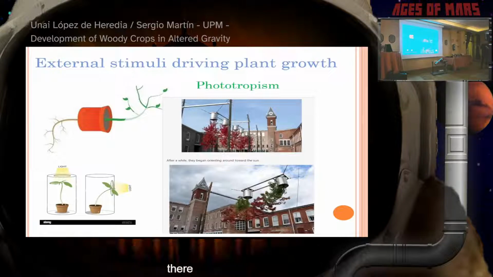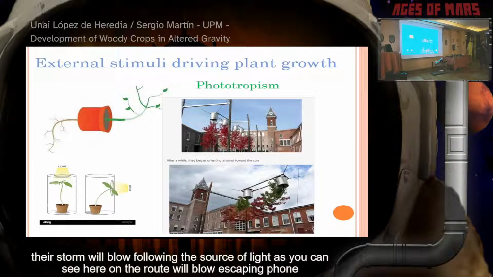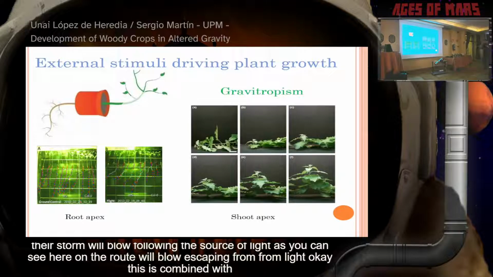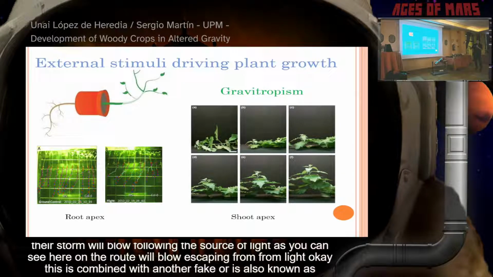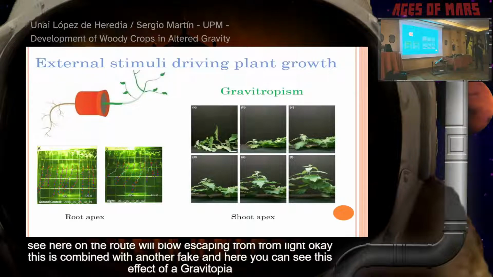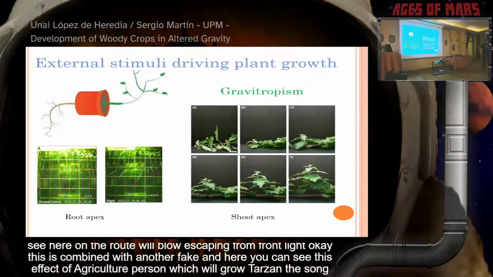The stem will grow following the source of light, as you can see here, and the roots will grow escaping from light. This is combined with gravitropism, also known as geotropism, which is another effect. Roots will grow towards the soil. Here you can see an experiment.